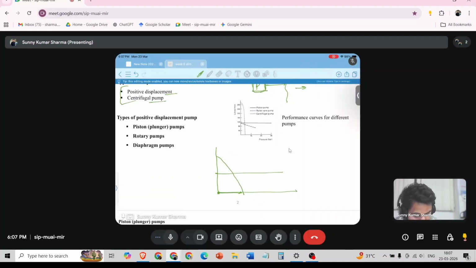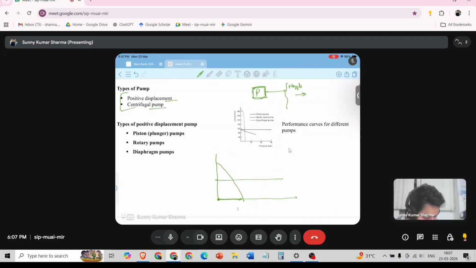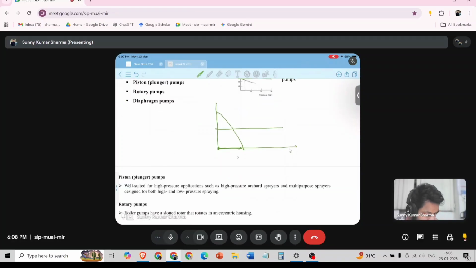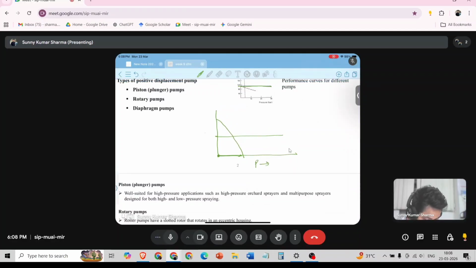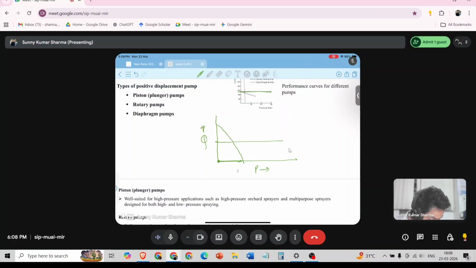What happens in a positive displacement pump is that the discharge does not depend on the pressure. Suppose on the x-axis we have system pressure, and on the y-axis we have discharge, that is Q. Whatever the pressure, our discharge will be constant for a positive displacement pump.